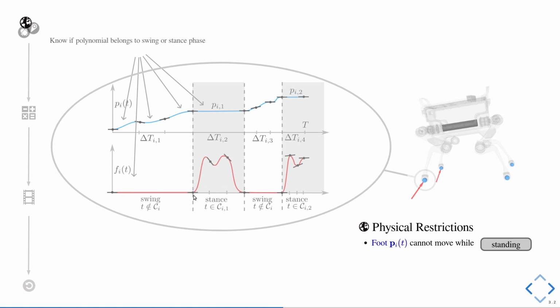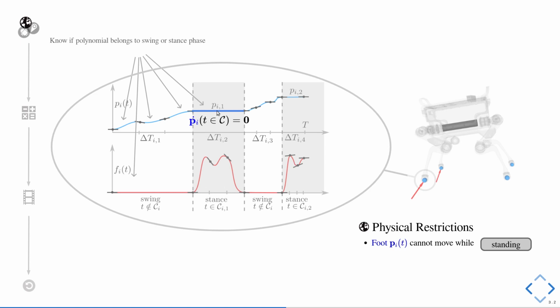Now, we want to formulate some of these physical restrictions inherent to legged locomotion. One of the main things is that if we want to avoid slippage, the foot position cannot move while standing. Now, how do we formulate this in a mathematical way? We already know in advance which polynomials represent a foot in stance phase.